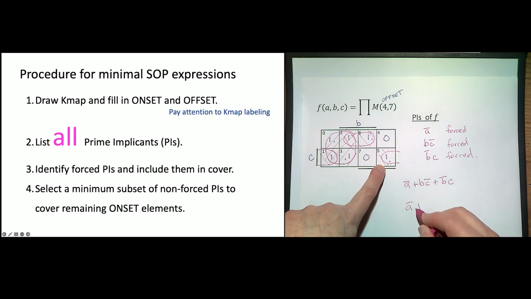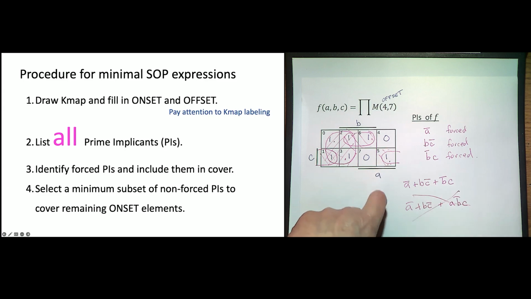So if you want me to write A, B bar, C, well, how many literals does this have in total? Yeah, so this is not minimal, right?